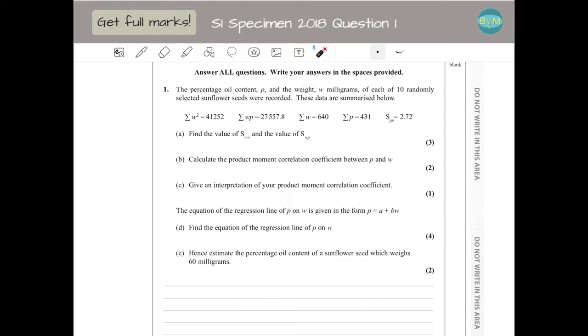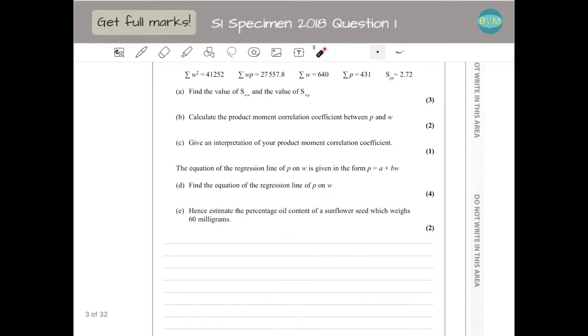For A, I'm going to find Sww. I have the sum of W squared minus the sum of W, all squared, divided by n. So I'm just using the formula.